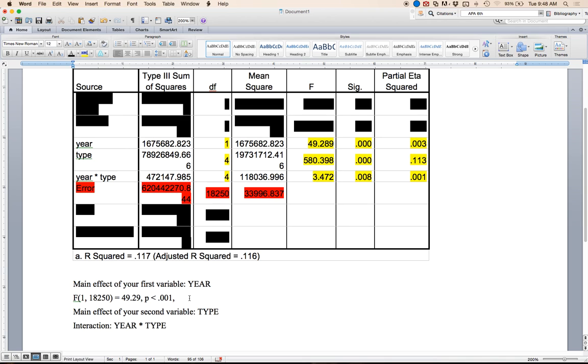So what is partial eta squared versus regular eta squared? Partial eta is the effect of that variable all by itself, ignoring the other variables, whereas regular eta is the effect of that variable including all the other variables. You will get R squared down here, but we're not going to use that because that would be overall: how much do all of the variables account for variance total?